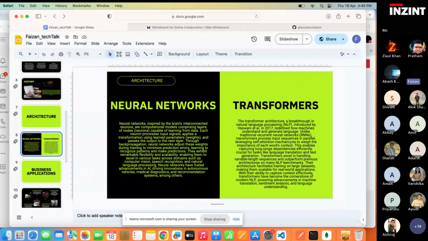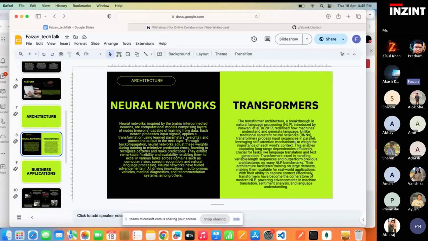This leverages a self-attention mechanism to weigh the importance of each word's context. So when provided with a lot of sentences, they can parallelly process the words, different lines, and different sentences of a paragraph that we have provided as a prompt.